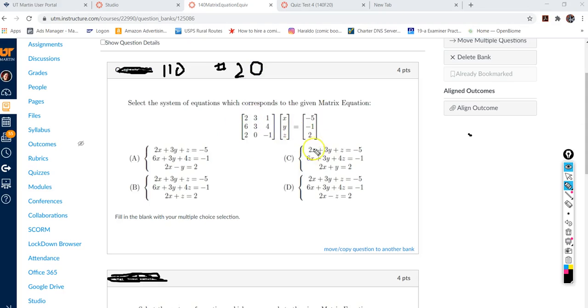You have to know how to be able to do this. How do you do this matrix multiplication? I have a 3 by 3 times a 3 by 1. I'll get a 3 by 1.